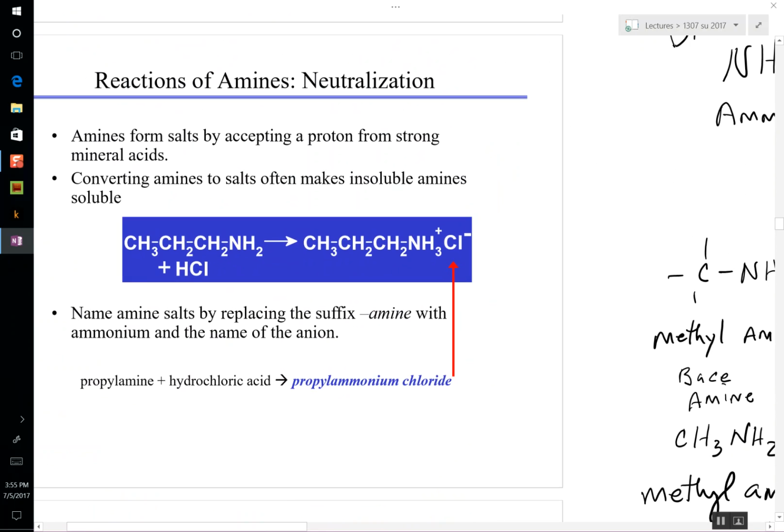So this is neutralization, an amine plus hydrochloric acid, and I won't work with any other acid than HCl. You form this salt. Now let me tell you one of the practical consequences of this. You think this doesn't matter. If any of you are taking a prescription, or a supplement, look at the label carefully.